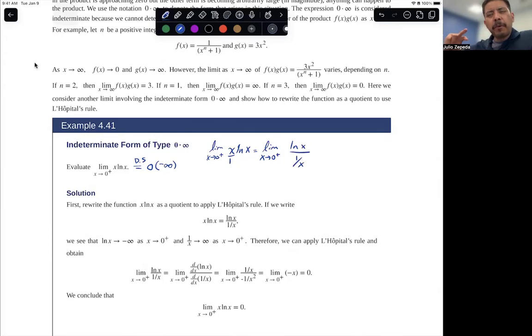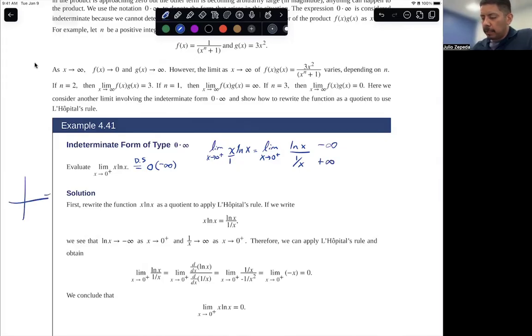Because if you divide by 1 over x, that's the same thing as multiplying by the reciprocal of 1 over x, which is x, and that would get you x natural log of x. So you're kind of unsimplifying this expression. And we do that because now the limit as x approaches 0 of the natural log of x is going to be negative infinity. And the limit as x approaches 0 from the right of 1 over x is going to be positive infinity, right?